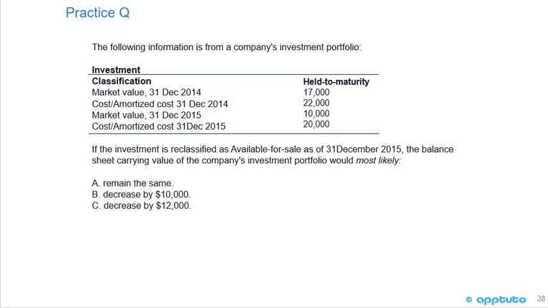If the investment is reclassified as available for sale as of 31st December 2015, the balance sheet carrying value of the company's investment portfolio would most likely A, remain the same, B, decrease by $10,000, or C, decrease by $12,000.